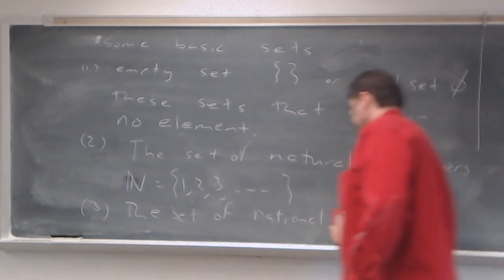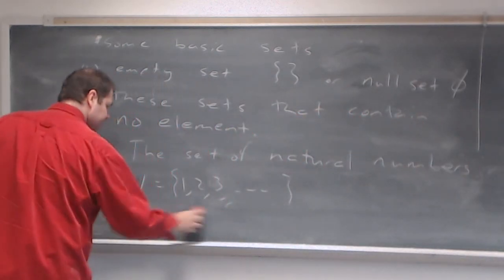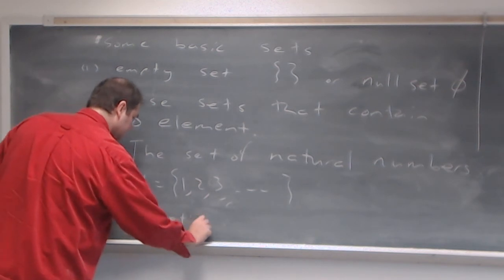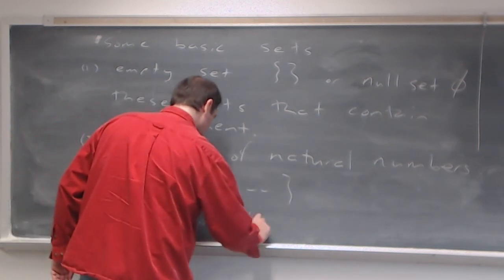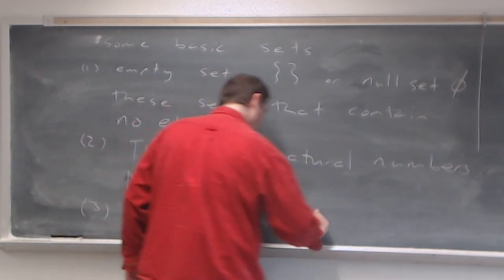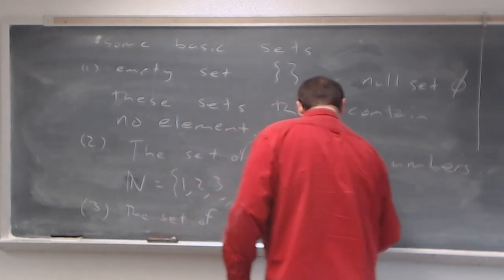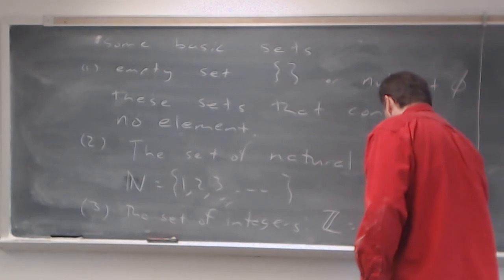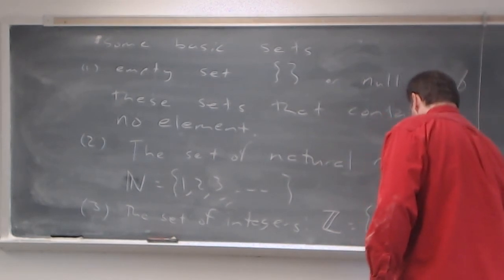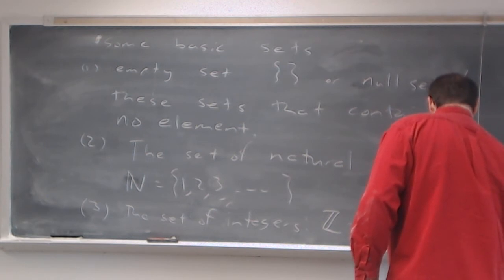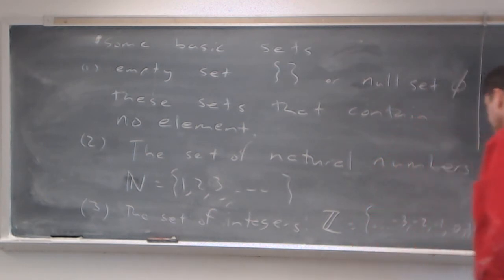Let me back up. I'm sorry. The set of integers is represented by Z, which is equal to, well, it's infinite. You have -3, -2, -1, 0, 1, 2, whatever in this direction. That's the set of integers.